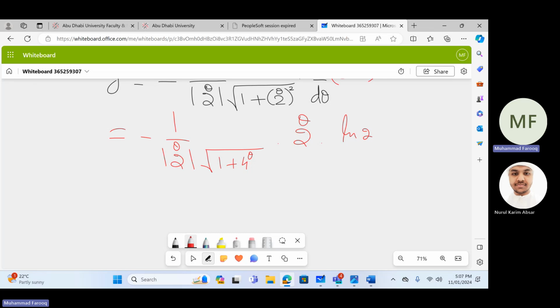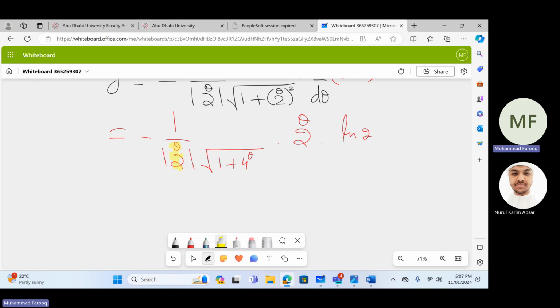Look here, the absolute value of 2 power theta. Which function is 2 power theta? Exponential. Do you know the property of exponential functions?